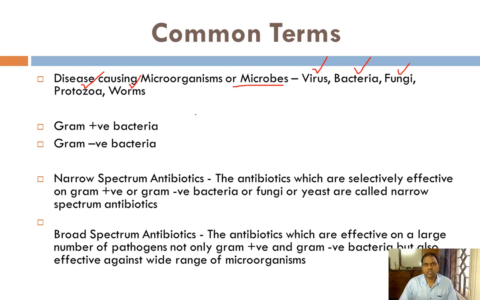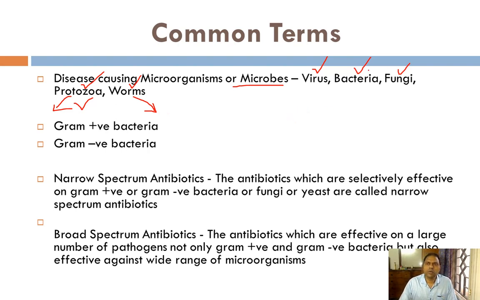Protozoa are the ones which cause malaria. There are worm diseases, like from roundworm, hookworm. You are going to come across a chapter on that and we will study that in that chapter. So these are all the organisms which cause diseases.